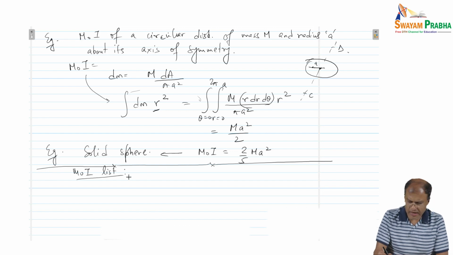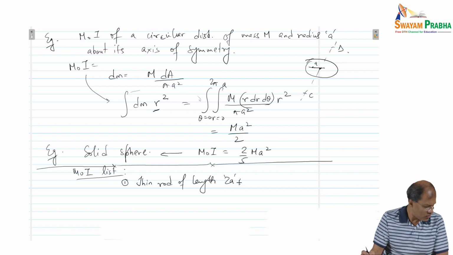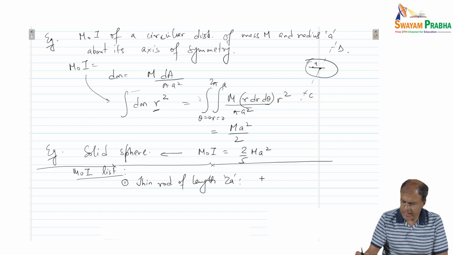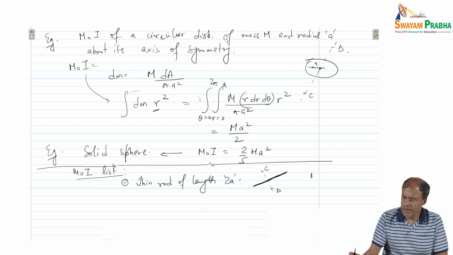Suppose we have a thin rod of length 2a, and then in that case we have already seen the answer is m a square by 3, right? So that's my moment of inertia. Let's say this is my regular axis, the axis of symmetry.